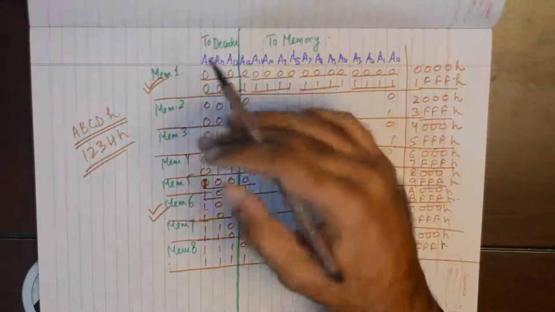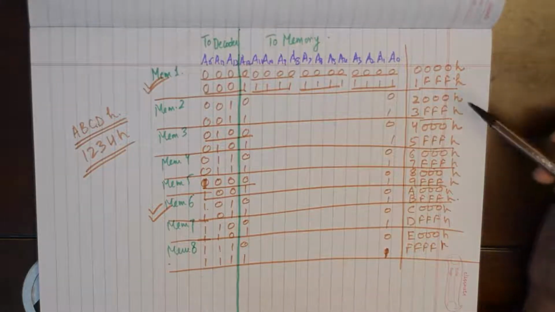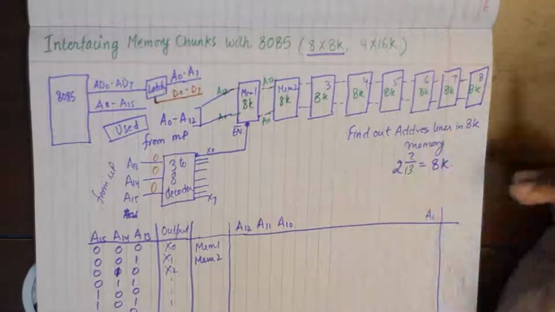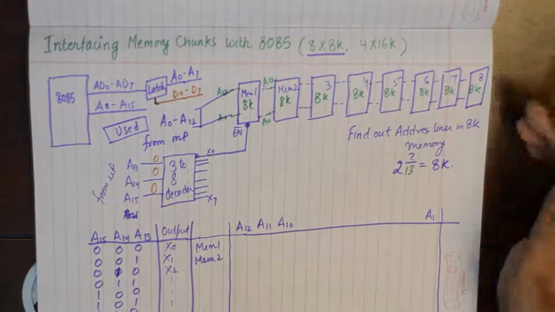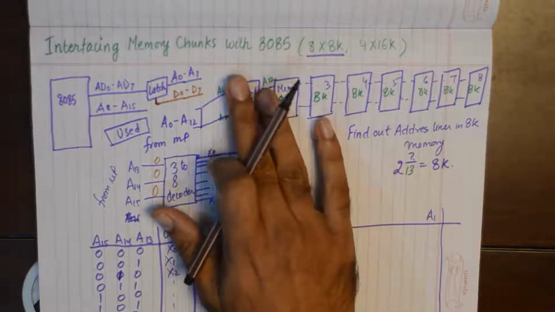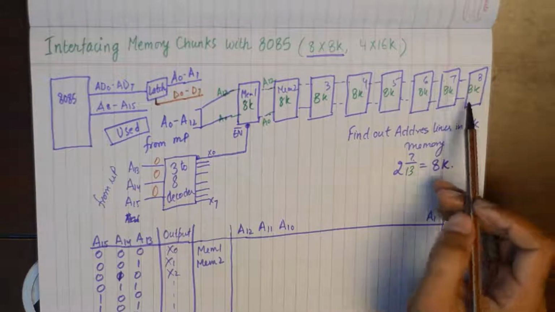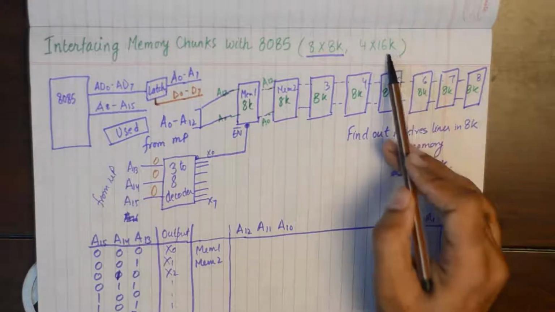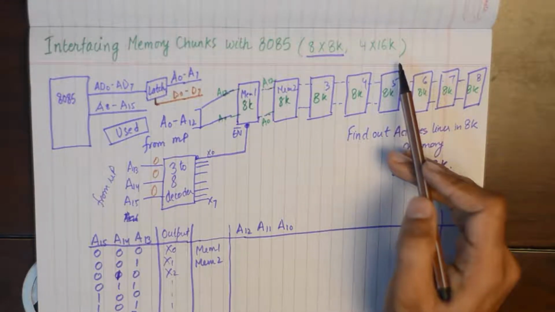So that is how you make a table of addresses by interfacing smaller chunks of memories with 8085, and similarly you can interface 16K memory ICs.